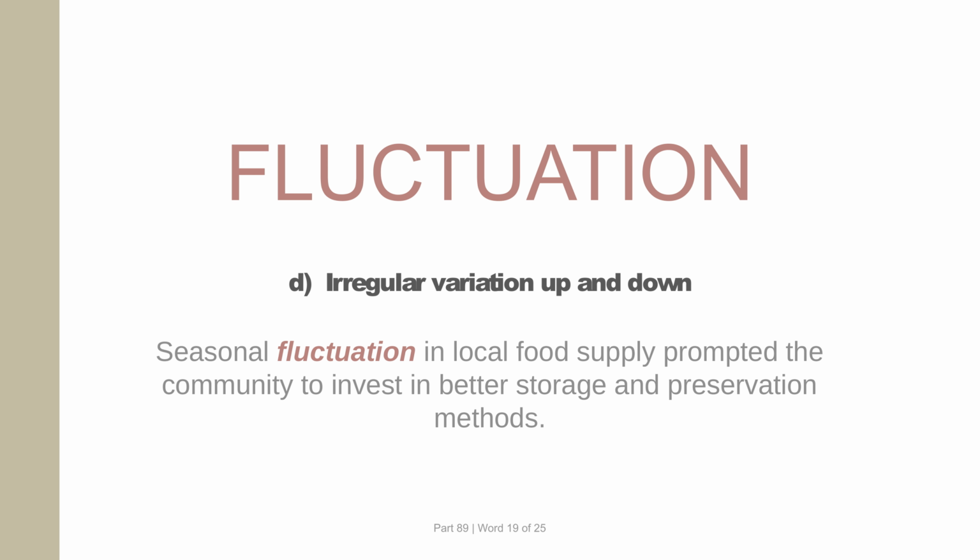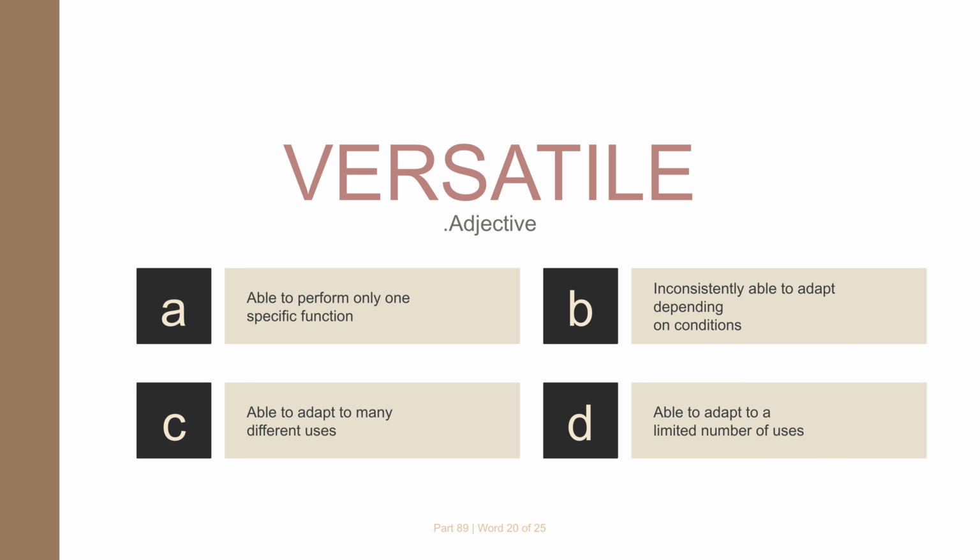Question 20. What is the meaning of versatile? Option A, able to perform only one specific function. Option B, inconsistently able to adapt depending on conditions. Option C, able to adapt to many different uses. Option D, able to adapt to a limited number of uses.